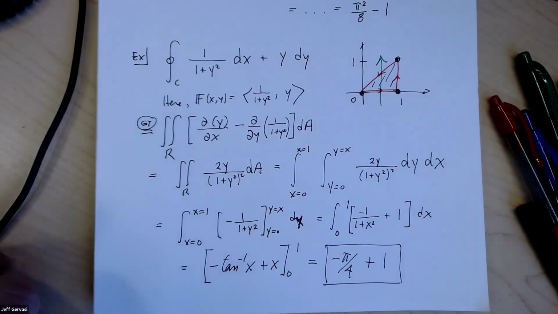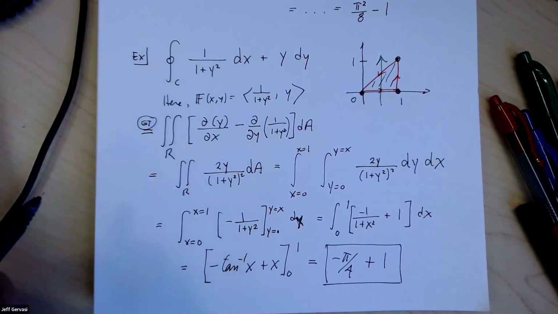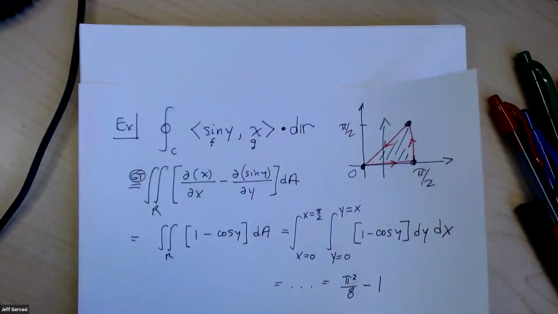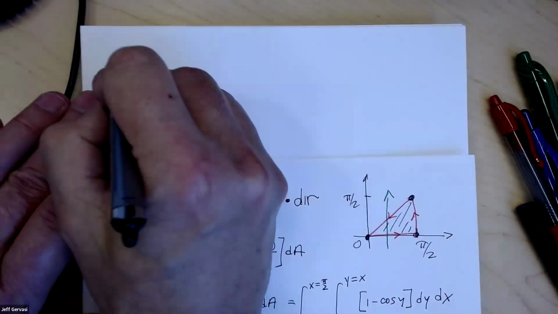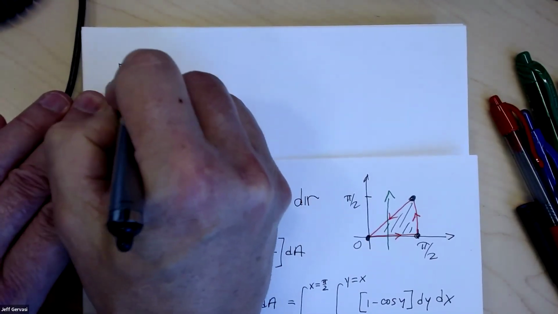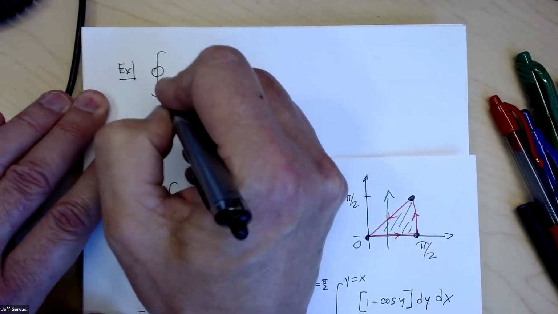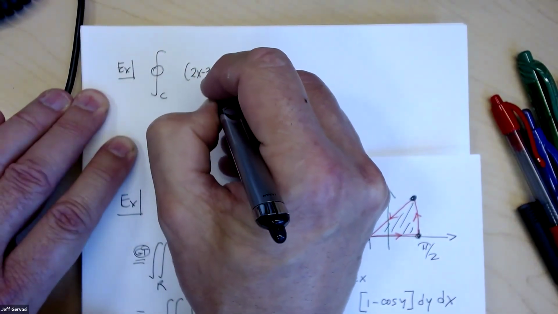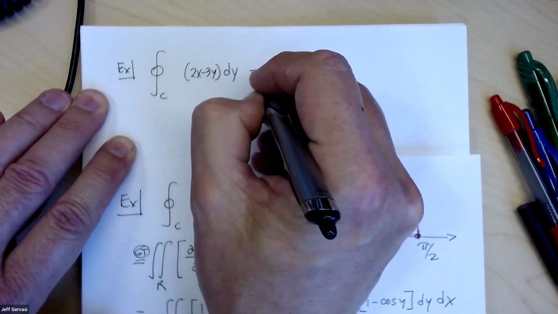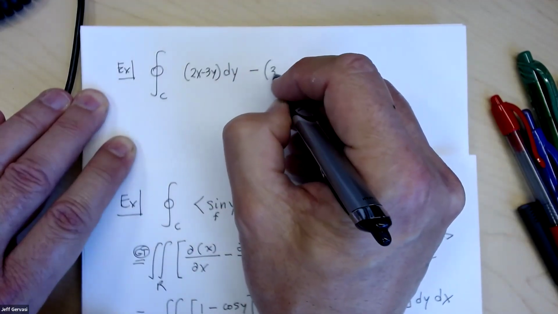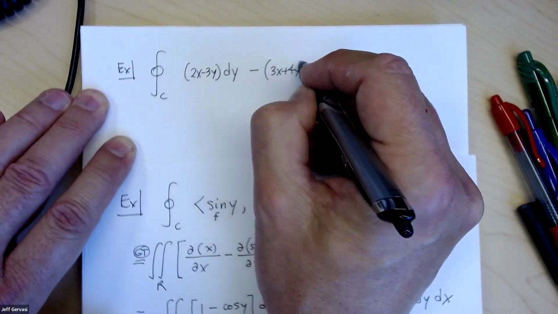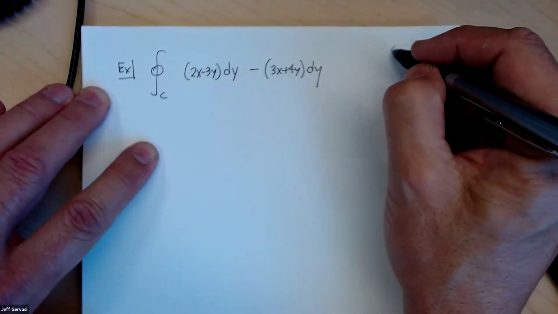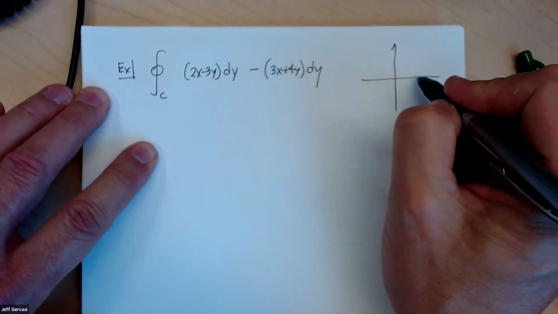Okay? All right. Next example. I want to evaluate this line integral. And our curve C is the unit circle.